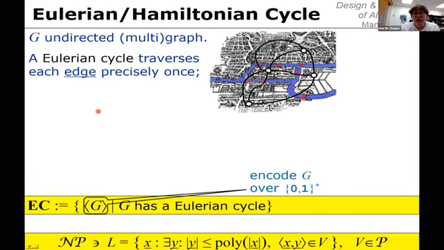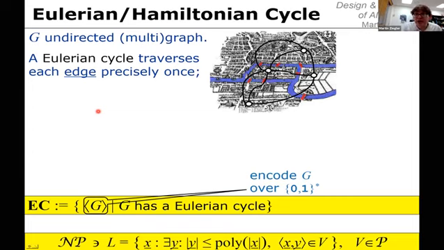So in our formulation, where a decision problem is a subset of binary strings, we encode such a graph, multigraph, as a finite binary string. There are many ways of doing that. For instance, one could encode the adjacency matrix of the vertices. If there are n vertices, then the adjacency matrix is an n times n matrix.